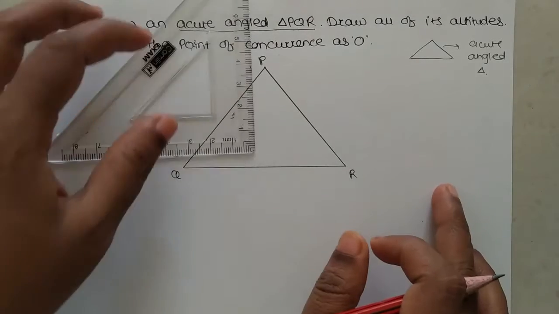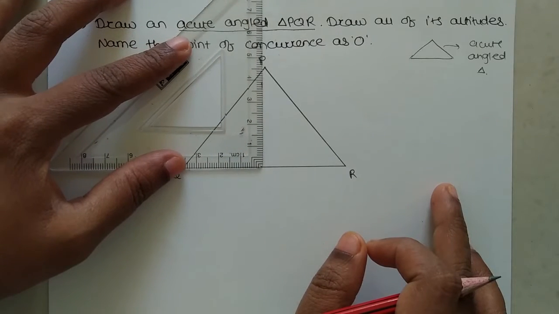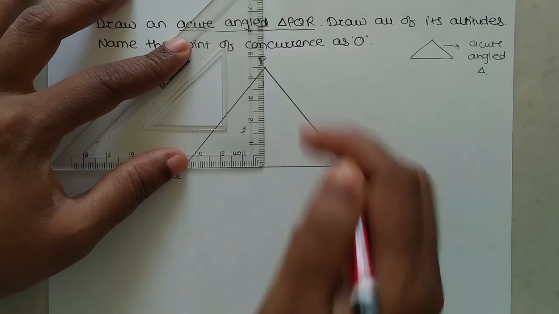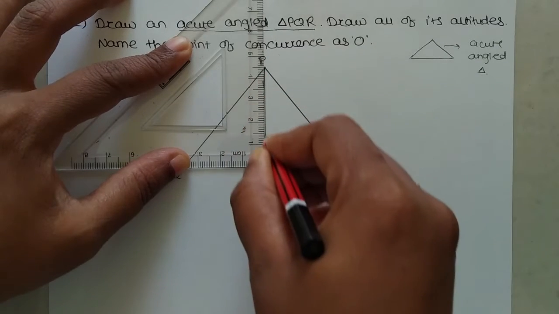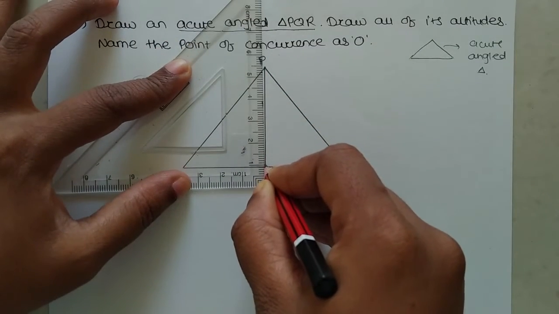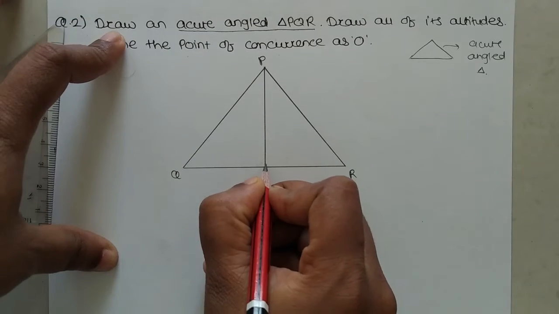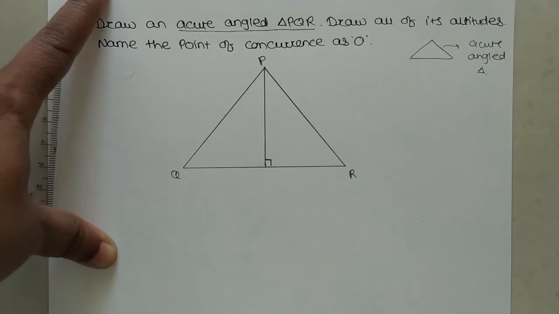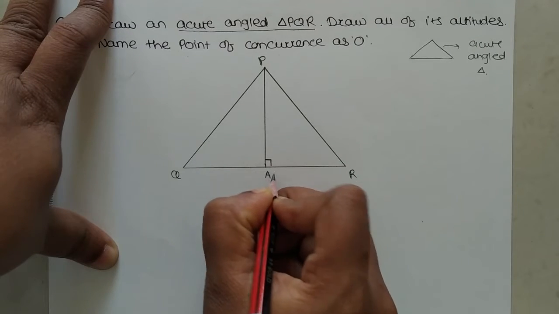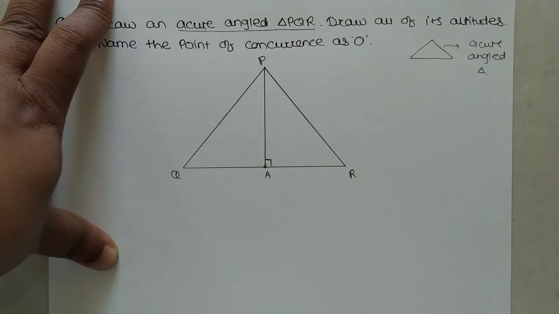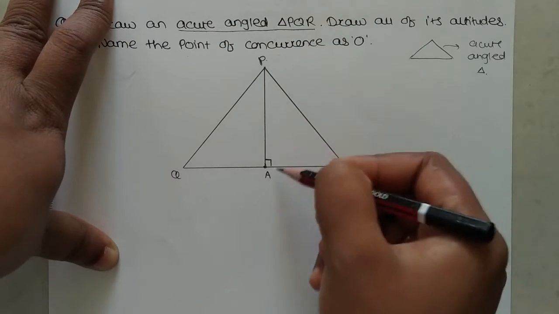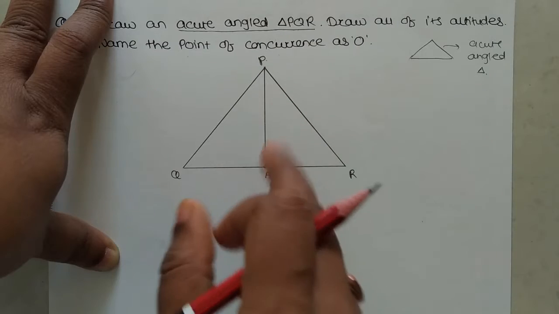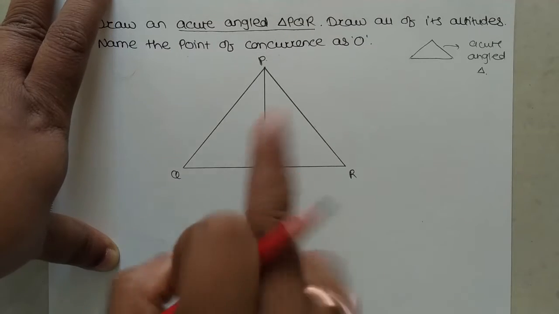We put the set square like this and draw the line. This is the perpendicular line. Suppose this point is named A. So line AP is perpendicular to side QR. That means AP is the altitude of this triangle.